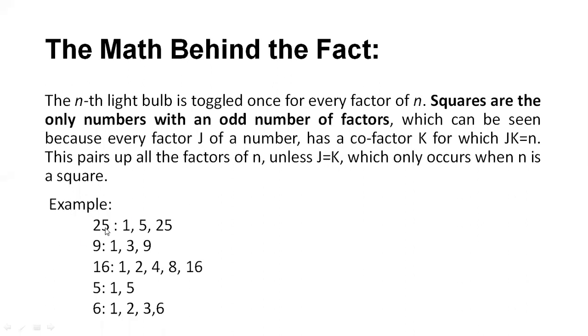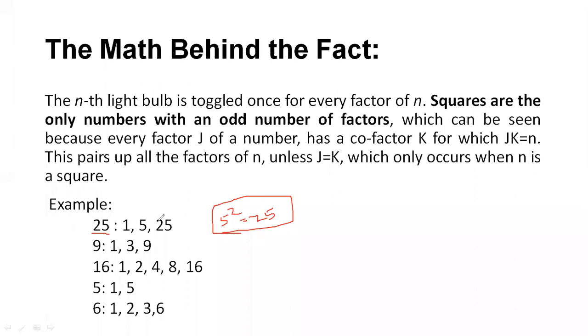So 25. 5 squared is 25, right? If you take a square and get a number, for this kind of number you will always find an odd number of factors, like 1, 5 and 25.